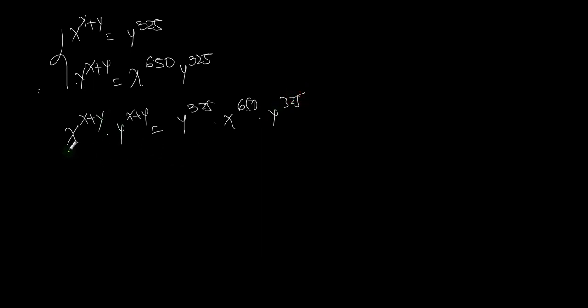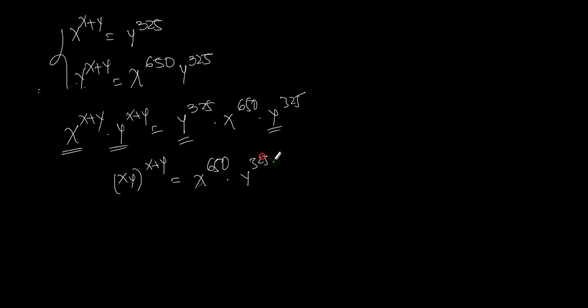Different bases, same powers: we multiply the bases and we keep the powers. So we have xy to the power of x plus y. On the right, same bases, different powers: we keep the base and we add the powers.